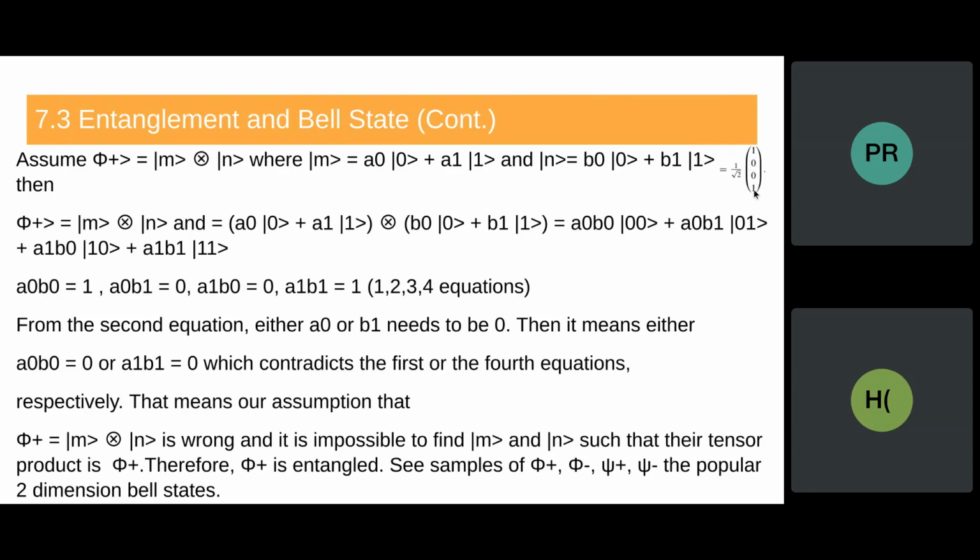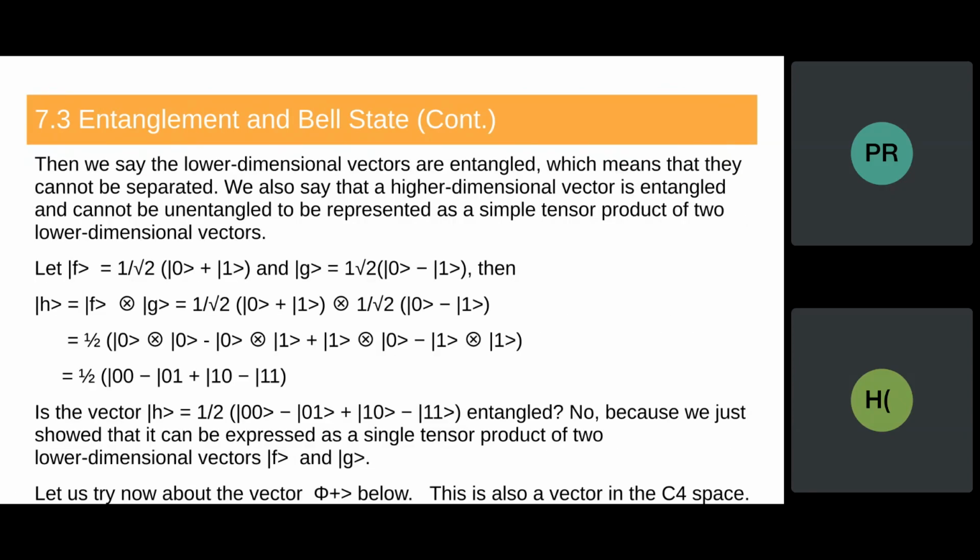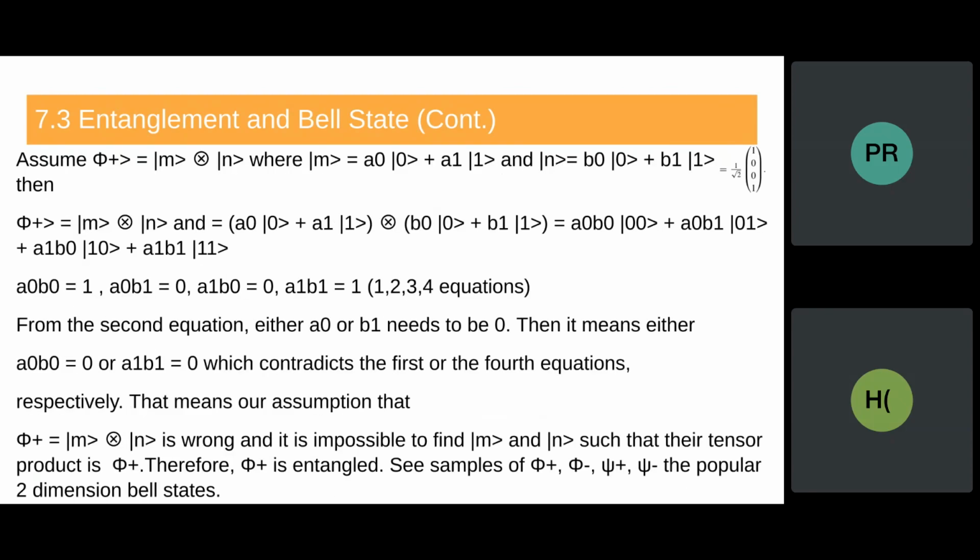So 1 by root 2 of 1 0 0 1. So you got two combinations, and they are entangled. If it was 1 0 0 0, we did not have entanglement, but here it is 1 0 0 1, 1 by root 2 of that, and that we had seen previously, that you can entangle.